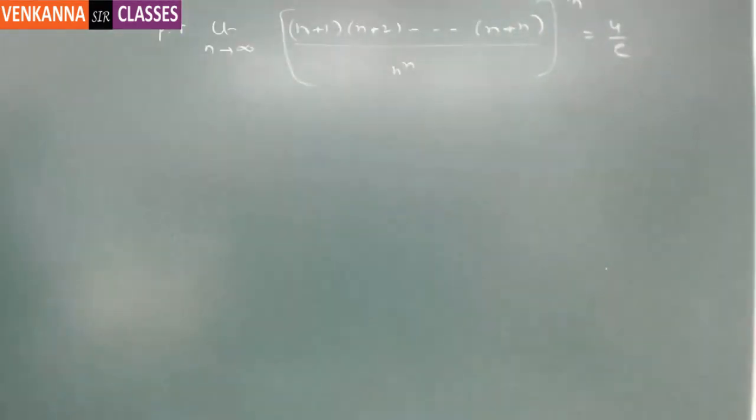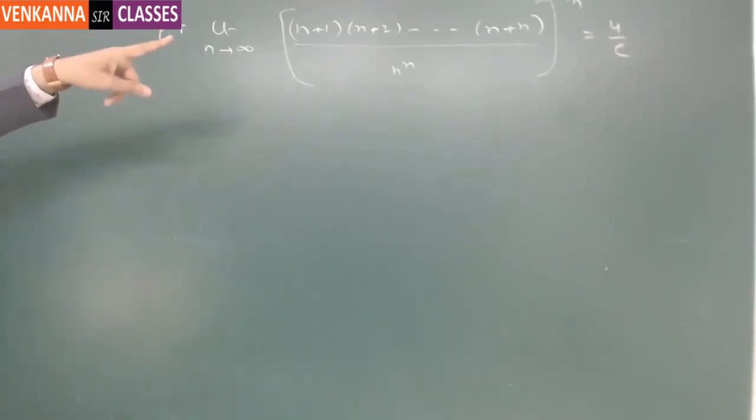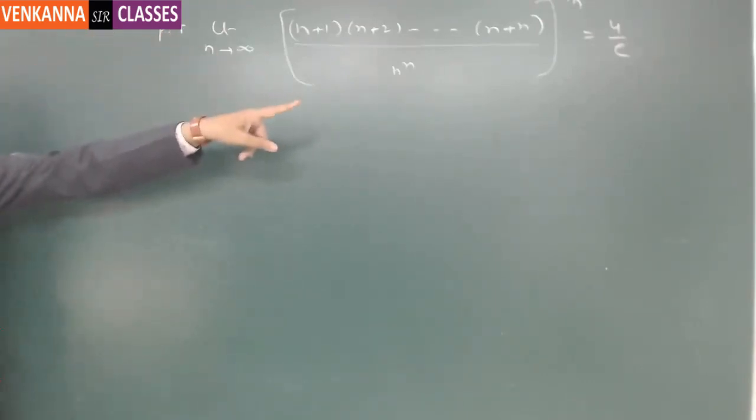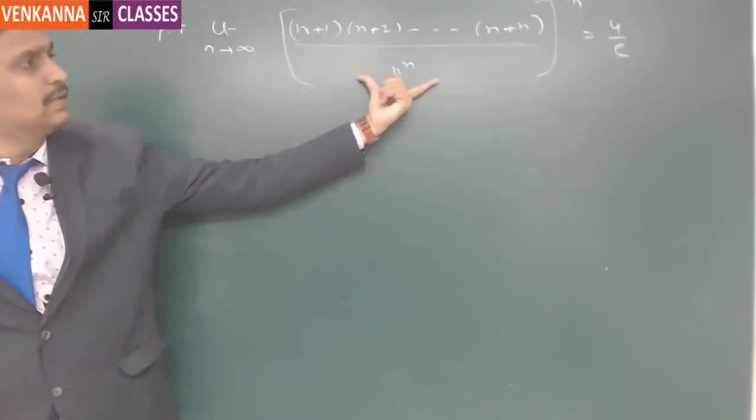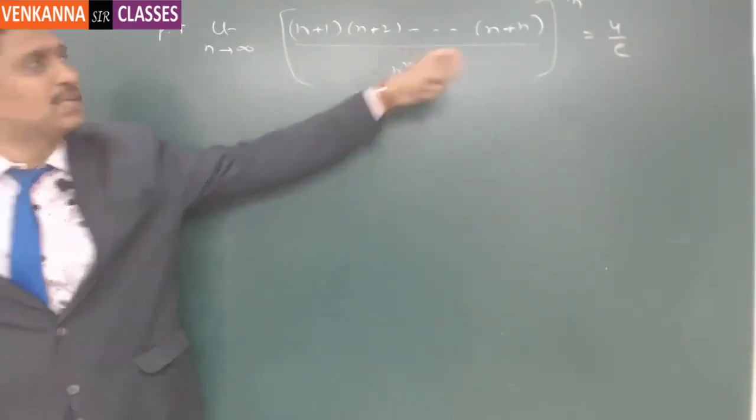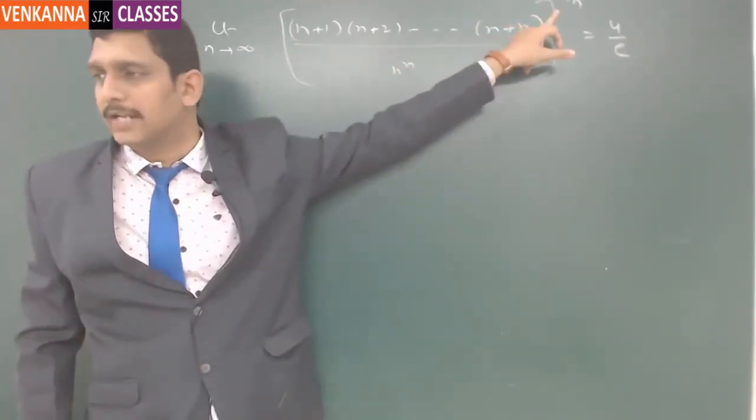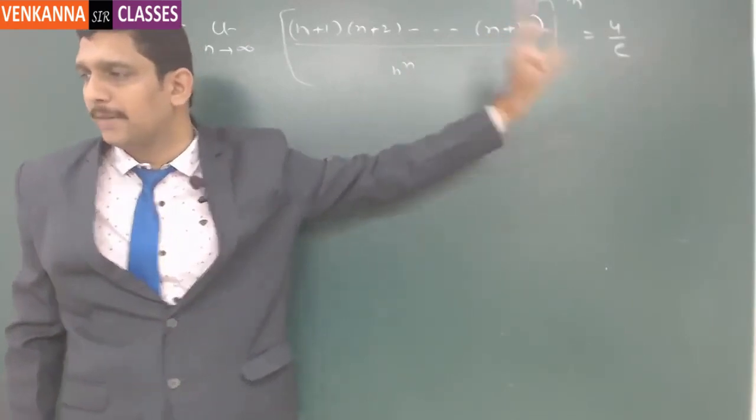This is the problem. N plus 1 into n plus 2 into so on n plus n, whole divided by n power n, whole power 1 by n. Is the top visible? So for this bracketed expression, whole power 1 by n, you take it equal to 4 by e.